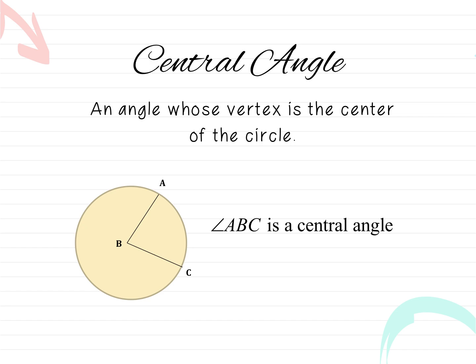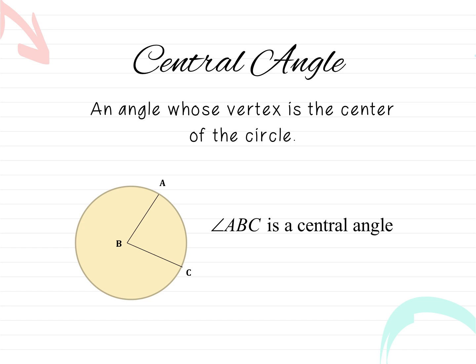So looking at this first slide, it's asking for central arcs. Looking at central arcs, we know where the center is, and it's where my vertex meets at the center, okay? The angles whose vertex is the center of the circle. Again, we have to go back to our angles.